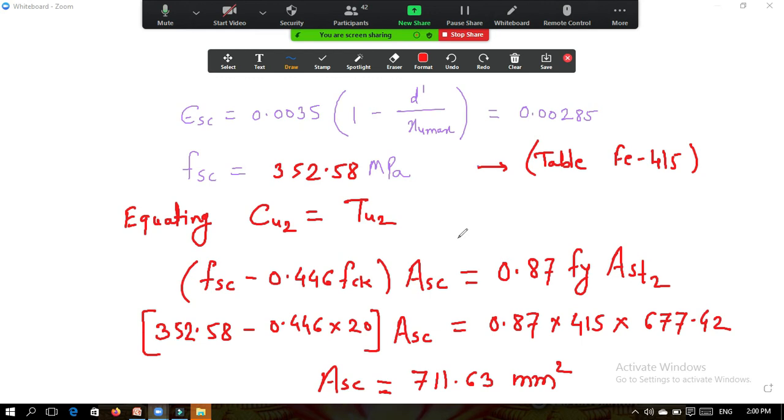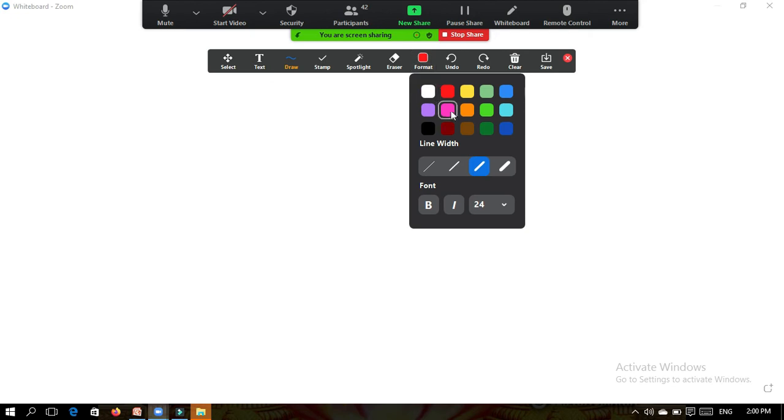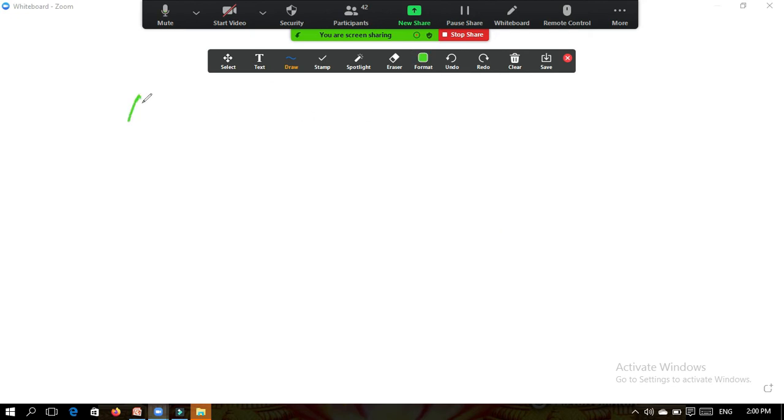So we will assume 16 mm bar diameter first, for compression steel.